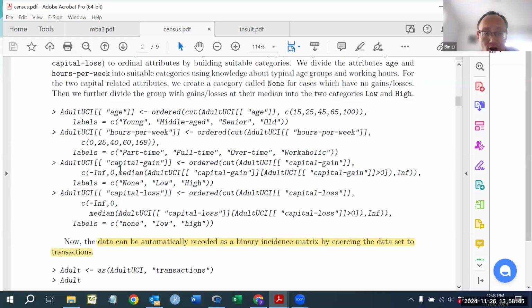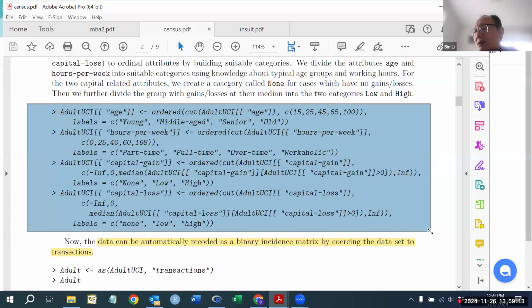For the capital gain, we ordered it into 3 levels. If the capital gain is negative or 0, then we say it's none. If it's from 0 to the median of the capital gain, then we call it low. If it's above the median, we call it high. And similarly, we apply this to the capital loss. After these steps, now we have all the variables as categorical variables.